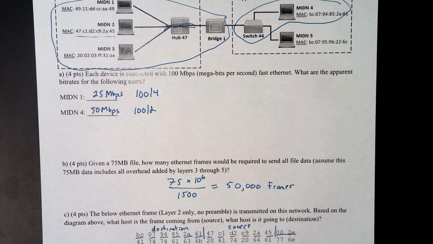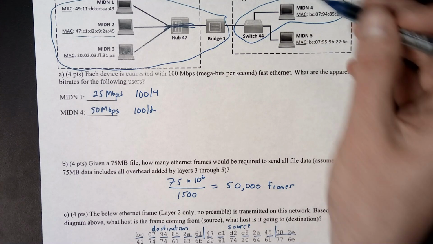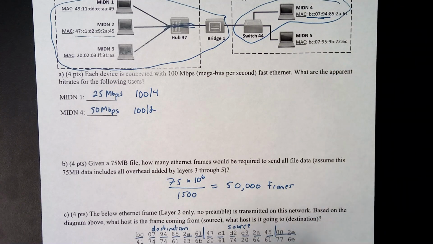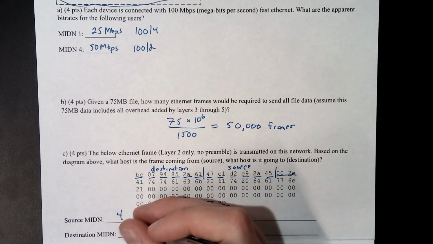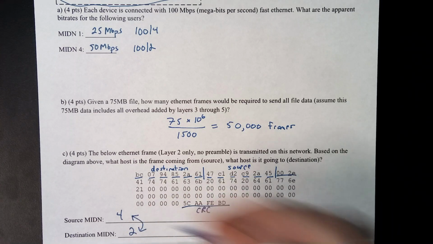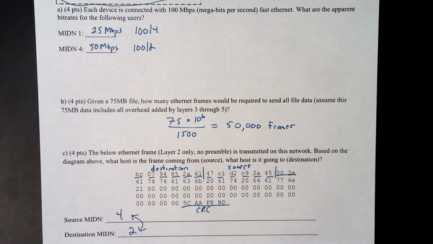And then destination BC0794, let's see, that still matches. BC0794 is midshipman 4. I flipped these, these should be reversed, sorry. So that should be 2 is the source and 4 is the destination, but hopefully you get the idea.